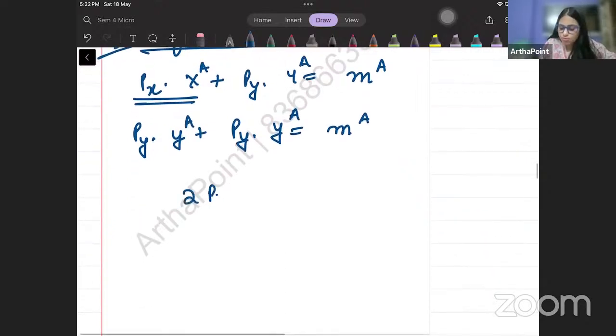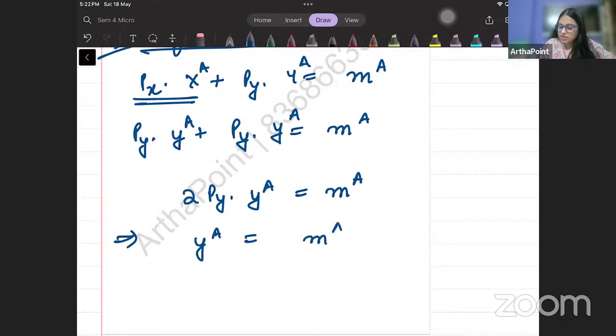So 2PY into Y is equal to income of individual A. So you will go ahead and get YA as m by 2PY.